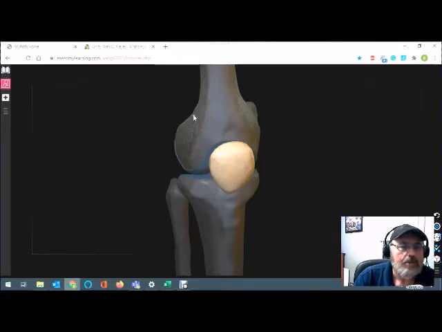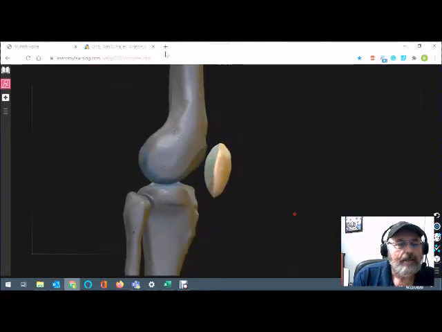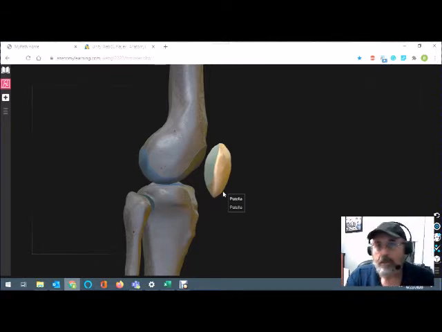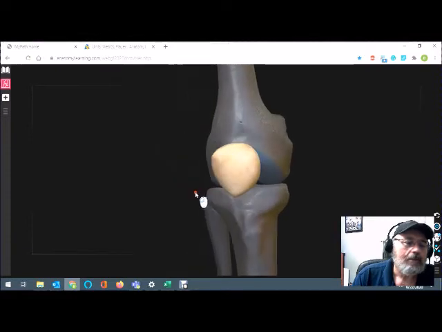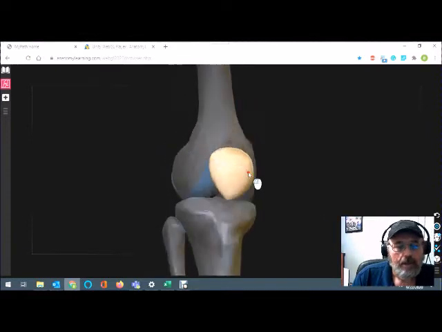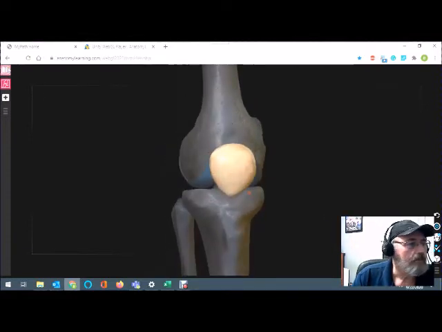They attach to it, but they cross over that and attach down to that tibial tuberosity. And that little bit of kind of pushing out that it does gives us a little more leverage. It allows us to kick a little harder, to move a little faster. I would say largely it has a protective feature. And let's take a look here.